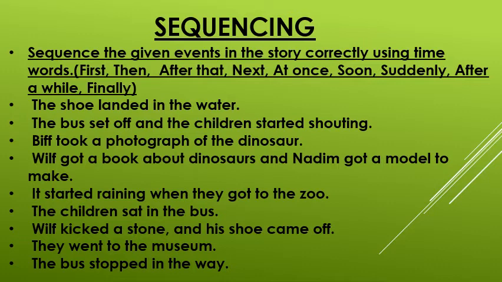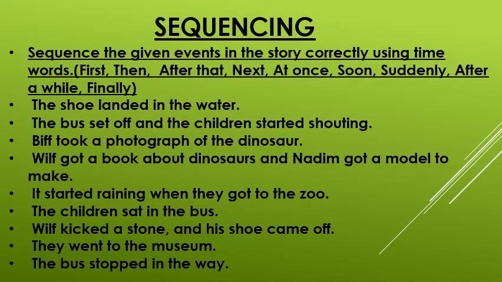So I've given you the time words, and the time words are first, then, after that, next, at once, soon, suddenly, after a while, finally. So you are going to use these time words and you are going to write these events appropriately as they have appeared in the story.